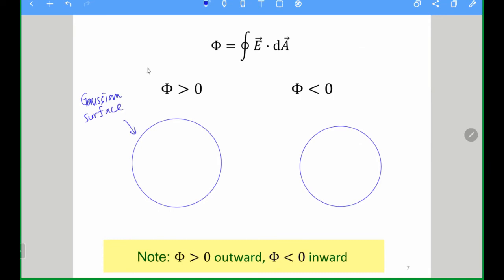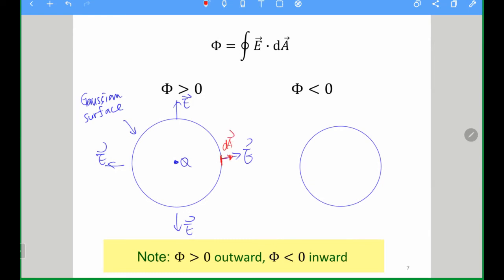If phi is positive, for example, if we have a charge Q inside, then the E field will point outward. And the dA is always perpendicular to the surface and pointing outside.